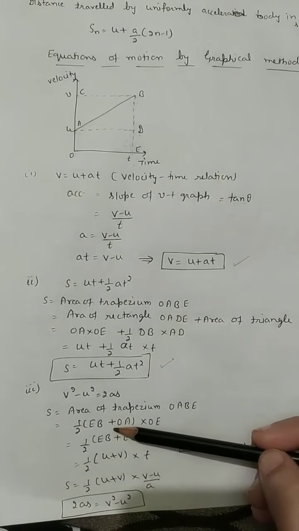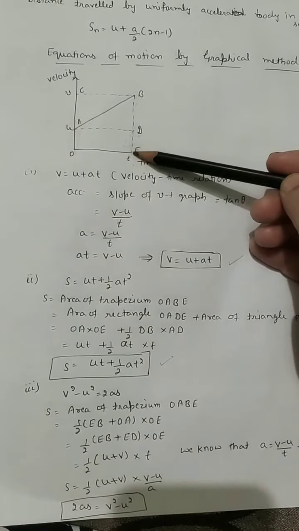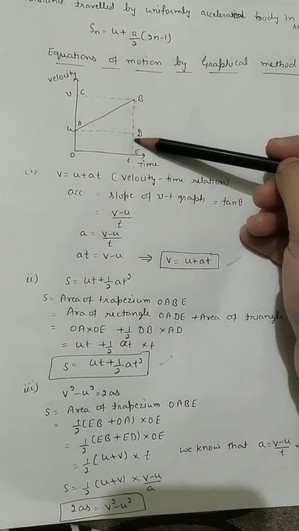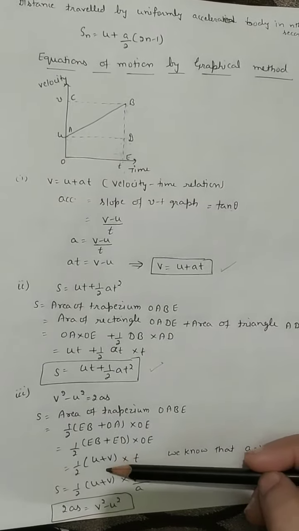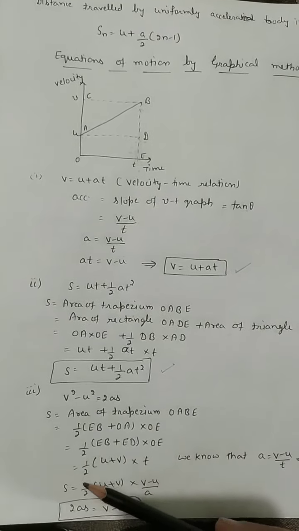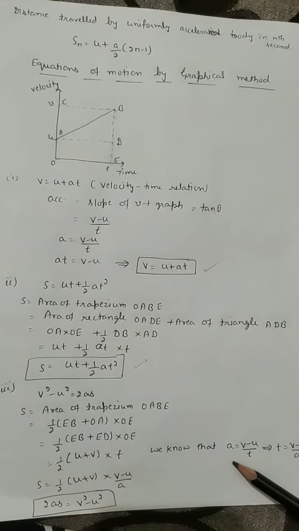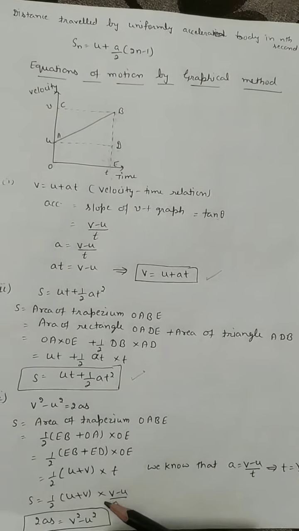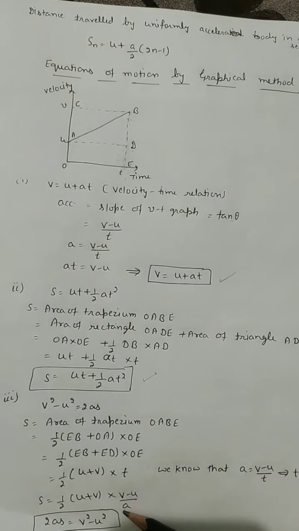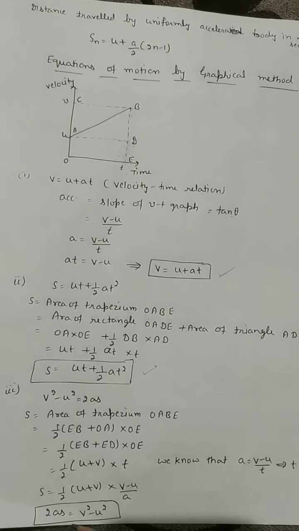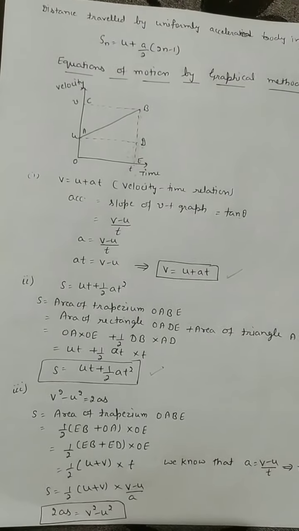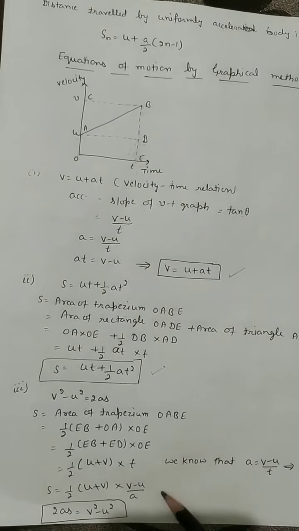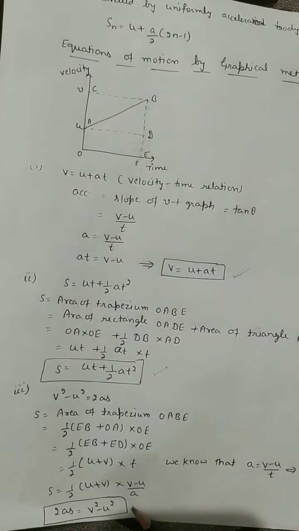EB is v, ED is u, and OE is t, so s is 1 by 2 into (u plus v) into t. We know that a is equal to v minus u upon t, so t is equal to v minus u upon a. Putting the value, s is 1 by 2 into (u plus v) into (v minus u) upon a. Cross multiplication and using (a plus b)(a minus b) is a square minus b square, we can write v square minus u square is equal to 2as.